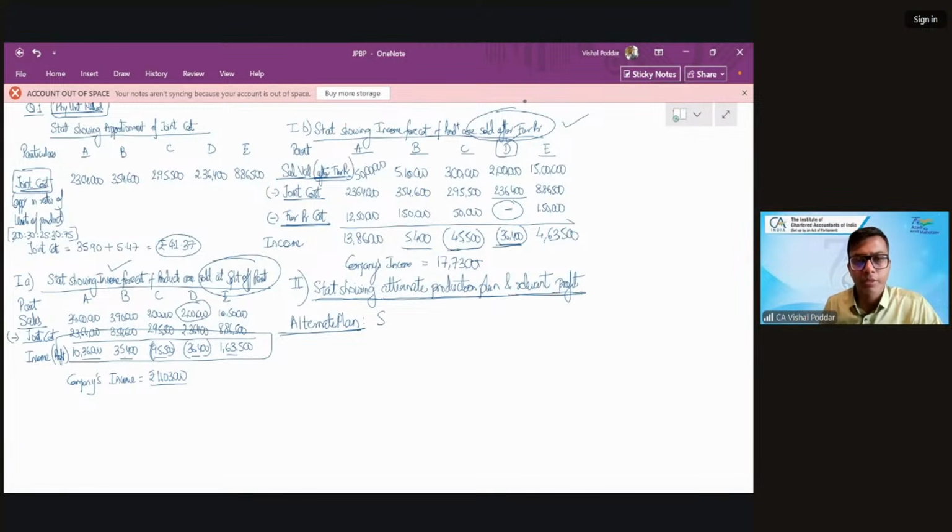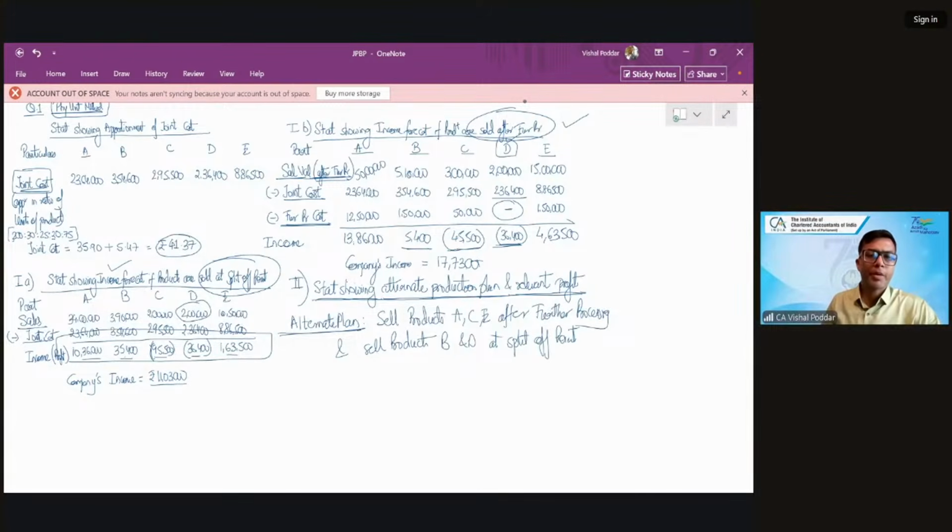Alternate plan is sell products A, then C and D. Sorry, E. After further processing and sell products B and D at split off point.